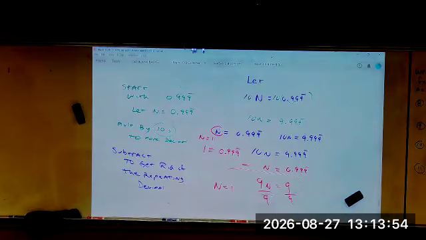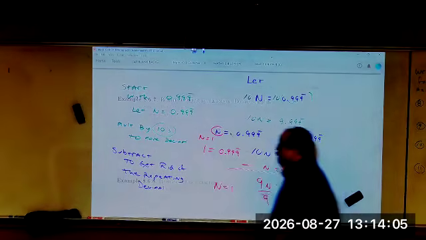So I'm going to get this one right here. 0.98 and then 1, 2, 3 repeated.